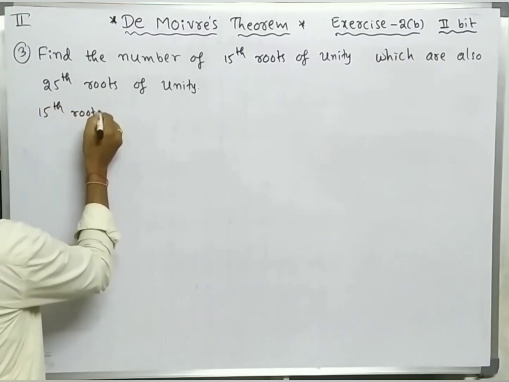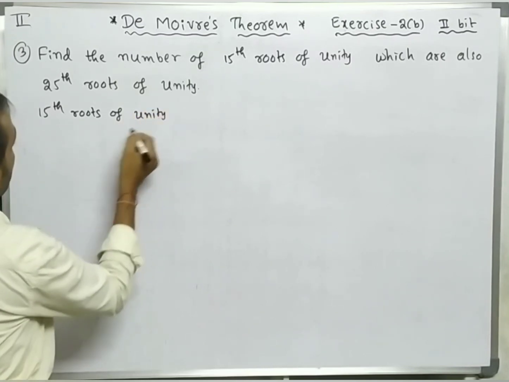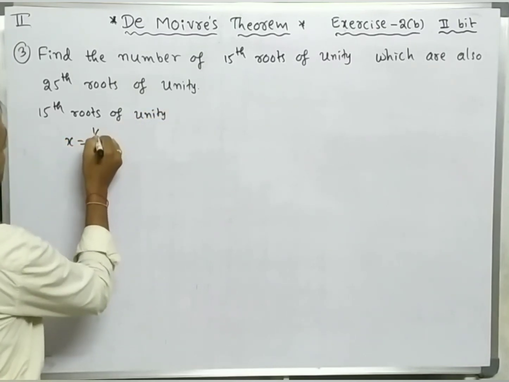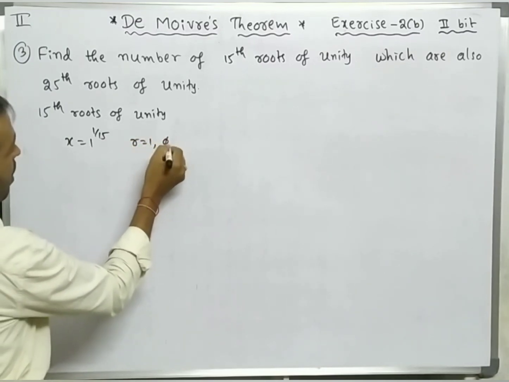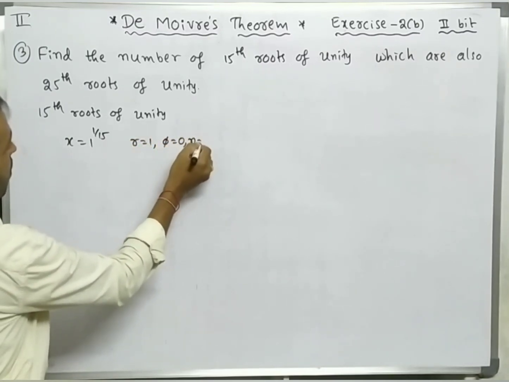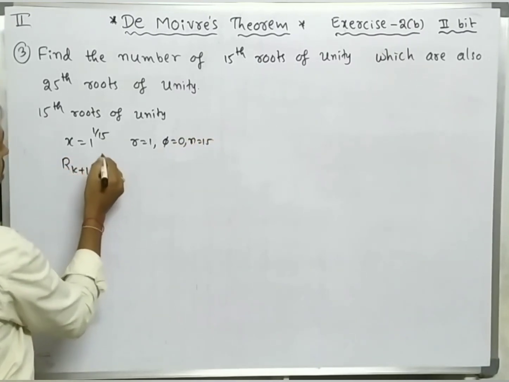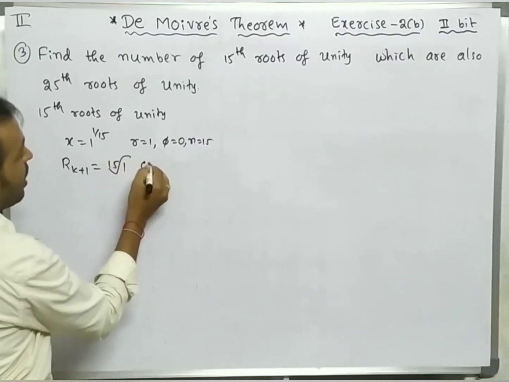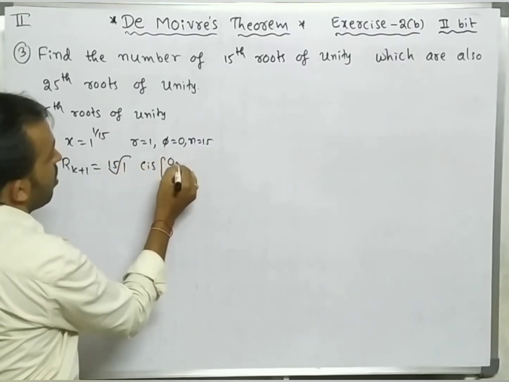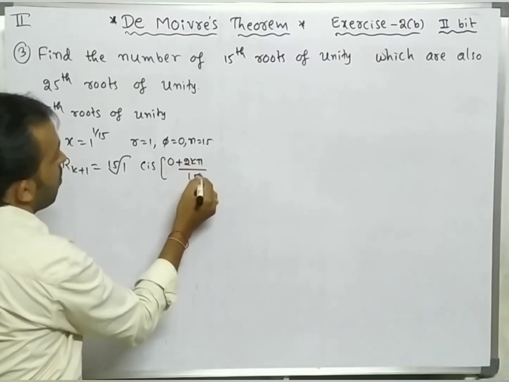15th roots of unity. That means x is equal to 1 power 1 by 15. Here r value 1, theta value 0 and n value 15. In this case we will get r_k plus 1 is equal to nth root, 15th root, of cis of 0 plus 2k pi by n value 15.